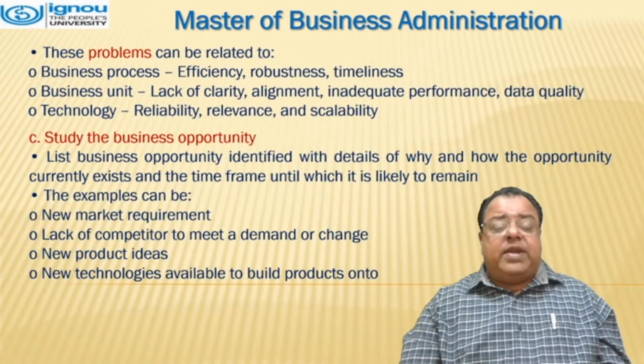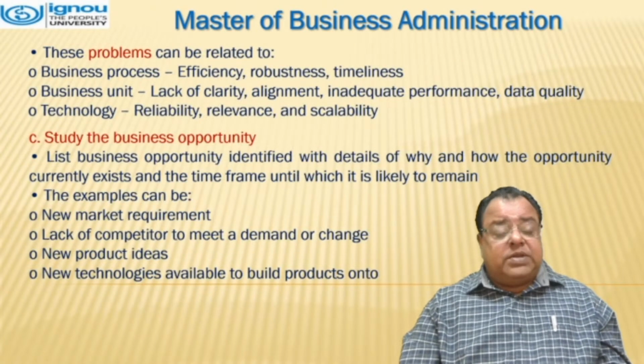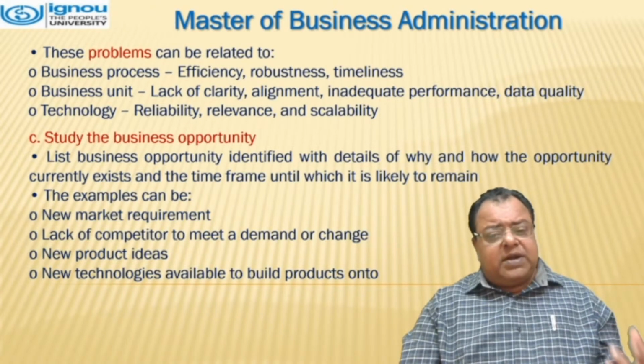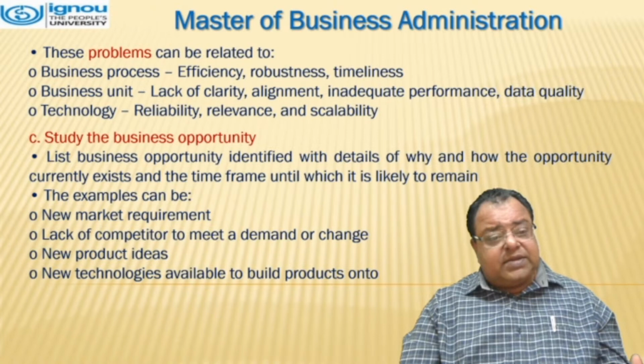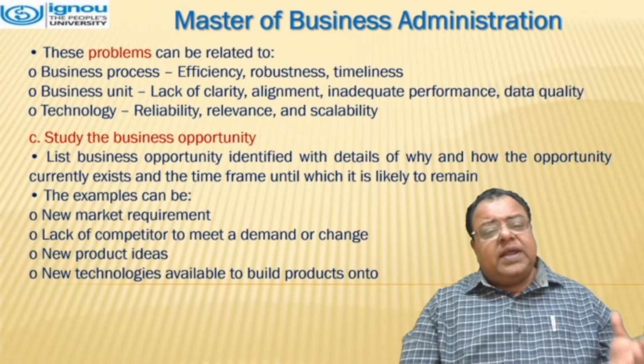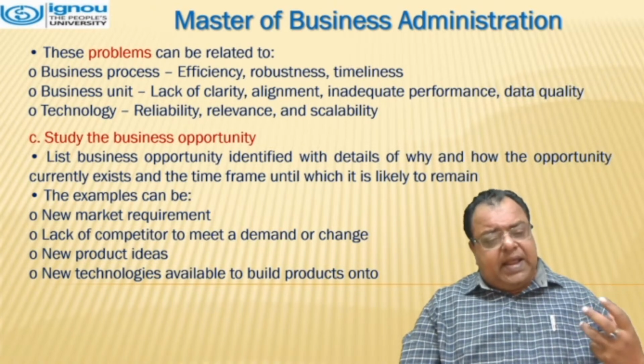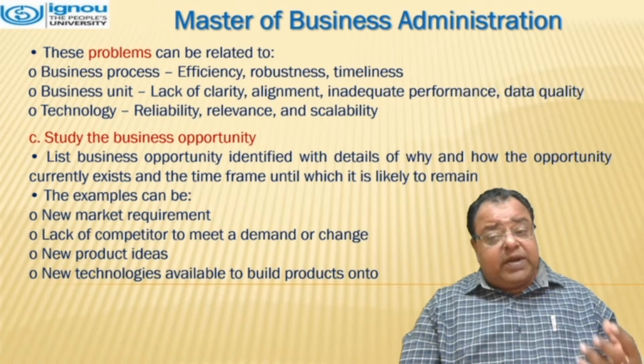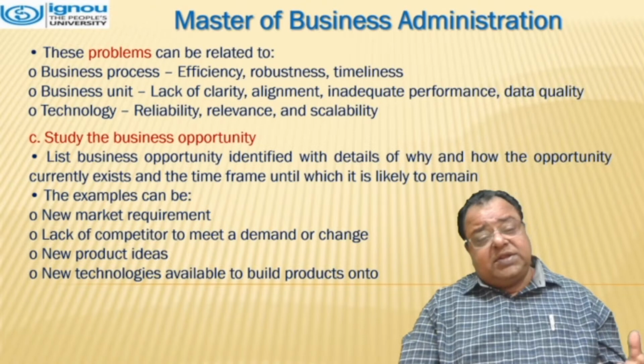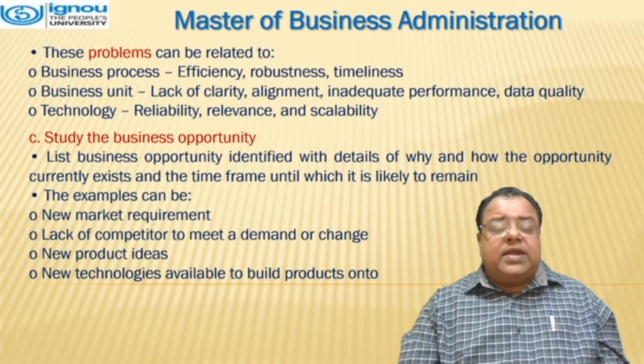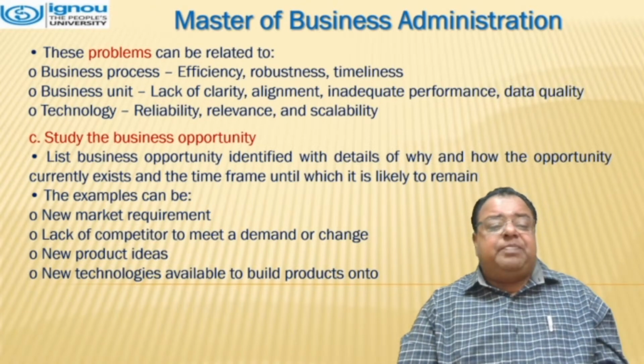These problems can be related to business process, which includes efficiency, robustness, timeliness, business unit, lack of clarity, alignment, inadequate performance, data quality, and third one is technology, its reliability, relevance, and scalability.